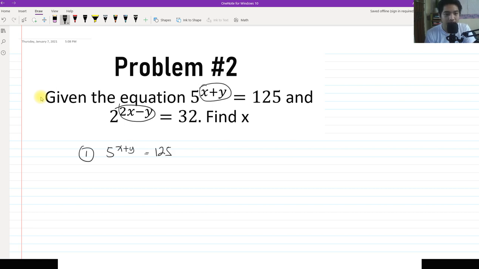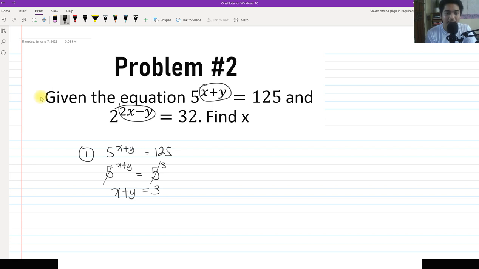We simplify it such that the right side of the equation has the same base as the left side. 125 is equal to 5 cubed. So the 5 actually cancels, and we are left with x plus y equals 3, by the laws of exponents.